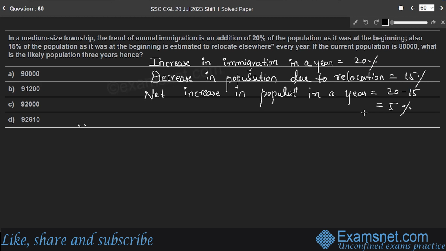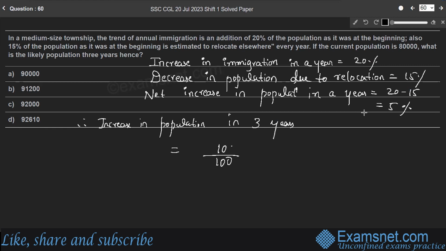There will be 5% increase in population of the town. Therefore, in 3 years, increase in population. So out of 100 population, 100 people, there is an increase of 5 people, right?